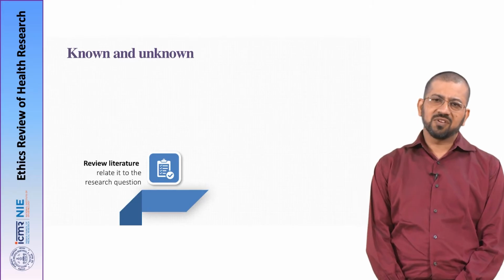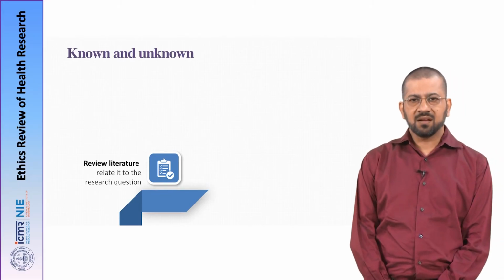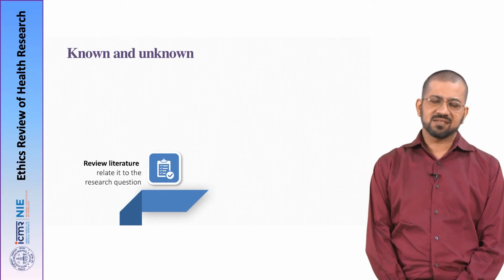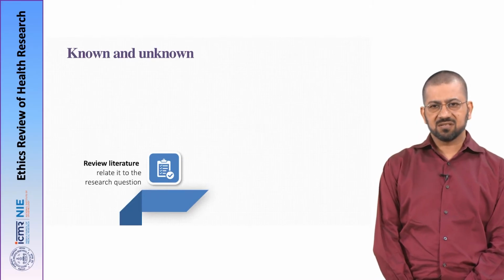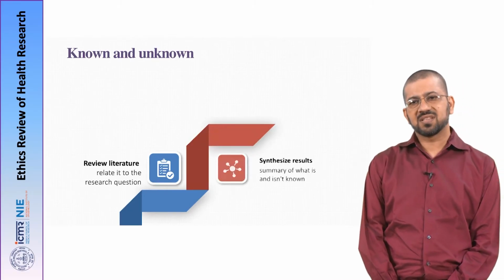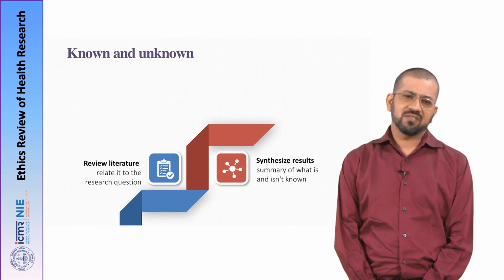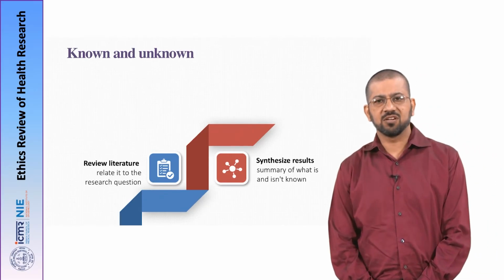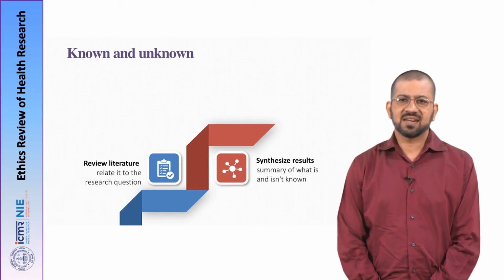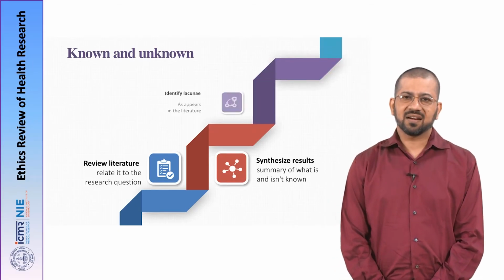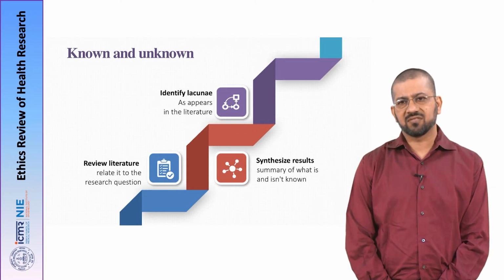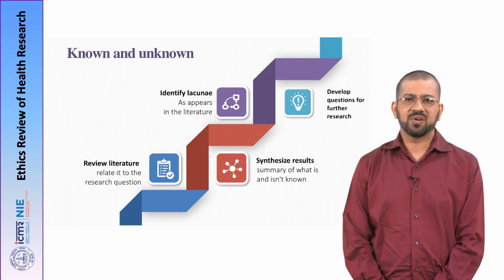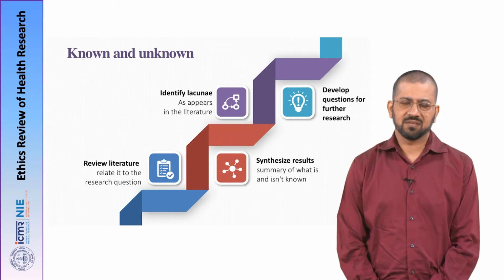A good review of literature in fact helps the investigator to understand what the current knowledge is. The investigator should have synthesized appropriately the results of the literature that he or she has looked into, to come to an understanding of the current gap as it appears in the literature and develop an appropriate research question around it.